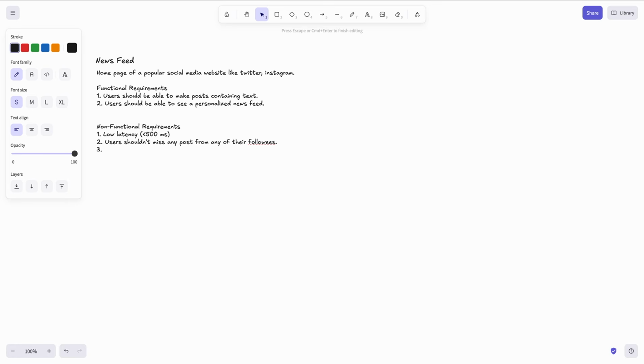One other thing that the system should do is that it should surface fresh content every time the user refreshes the home page or scrolls up. This is a subtle and very important point.